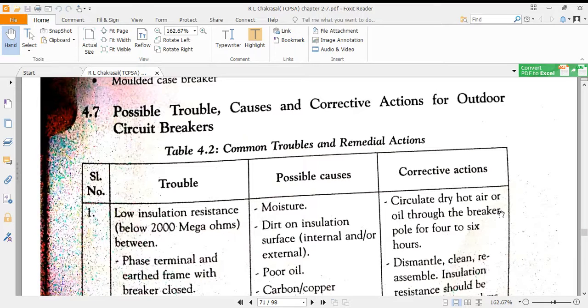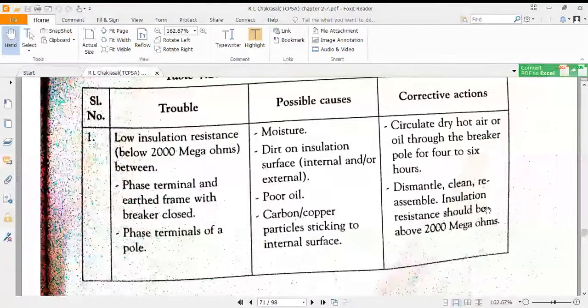In a similar way, for circuit breakers, we see the following troubles, possible causes, and corrective actions. Trouble is a low insulation resistance.